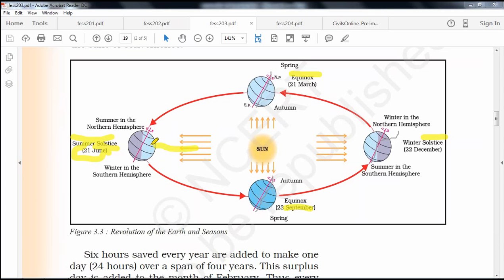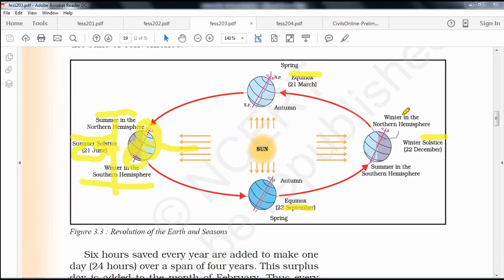Ideally, both hemispheres should receive an equal amount of sunlight. But because of the inclination of Earth's axis, only the northern hemisphere receives more sunlight, and the southern hemisphere receives less. So it is summer in the northern hemisphere, and quite oppositely, it's winter in the southern hemisphere.